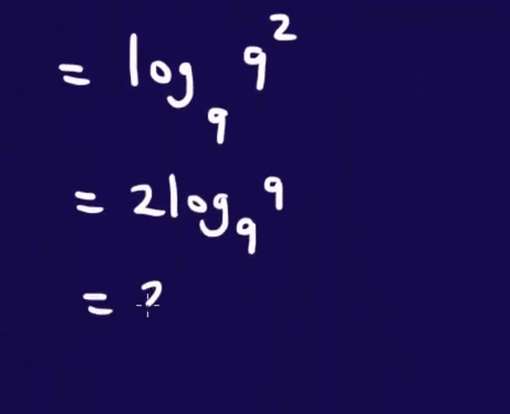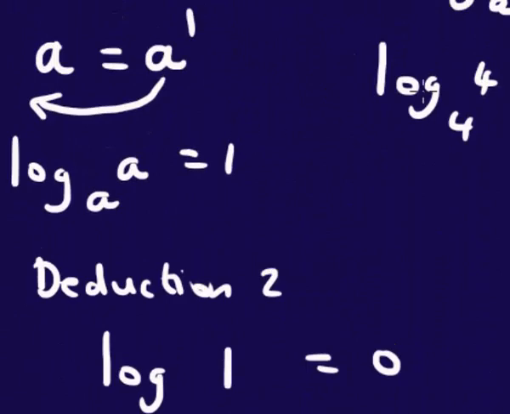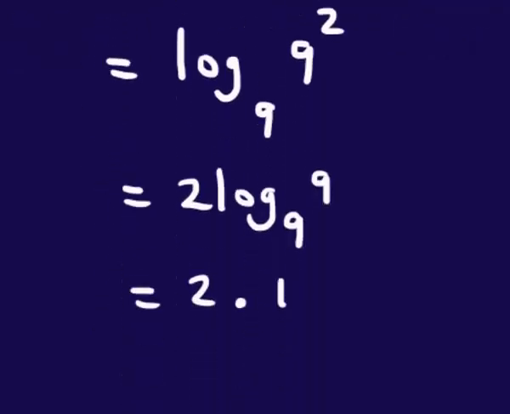Now come on, what is log 9 to base 9? It is 1. That's one of our deductions. Log A to base A is 1. And there we go, it comes to an answer of 2. So this is just some basic laws of logs.